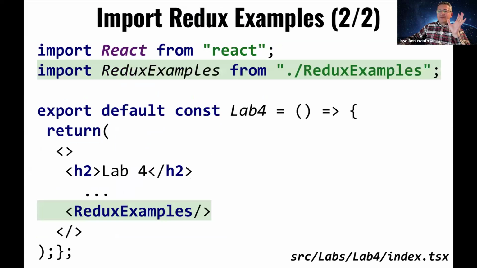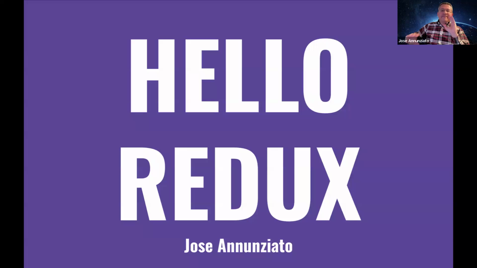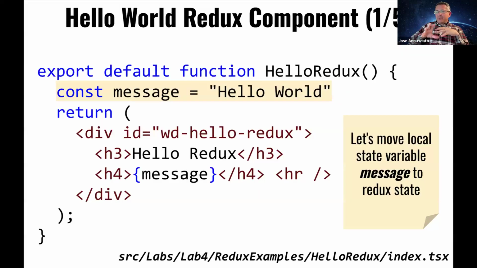The first example that we ask you to do is a very trivial hello world Redux example that exercises some of the simpler aspects of using Redux. So in our trivial example, here we have a variable that has a value of hello world, and we're just displaying that data here.